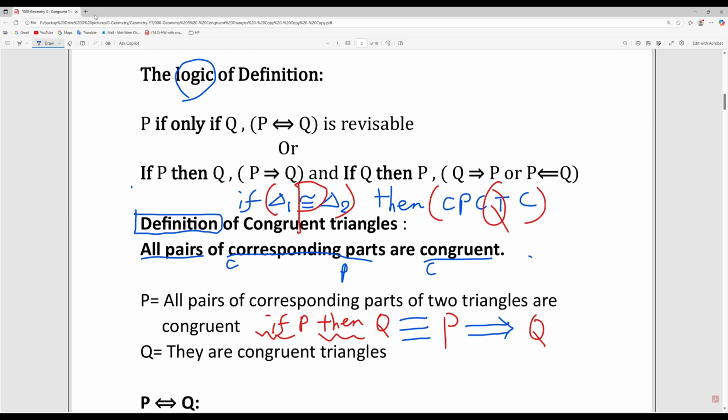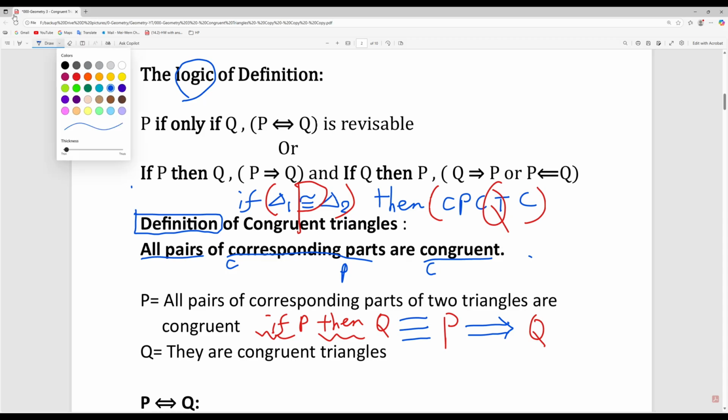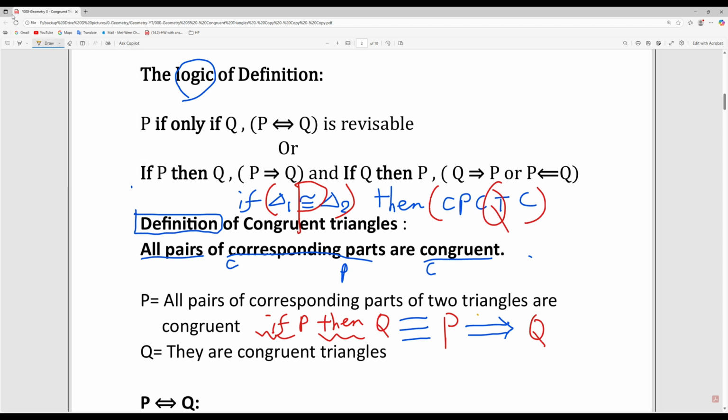Now, when we talk about a definition, actually, it's more than just the if-then. When it's a definition, let me add one more arrow here. It needs to be two ways.